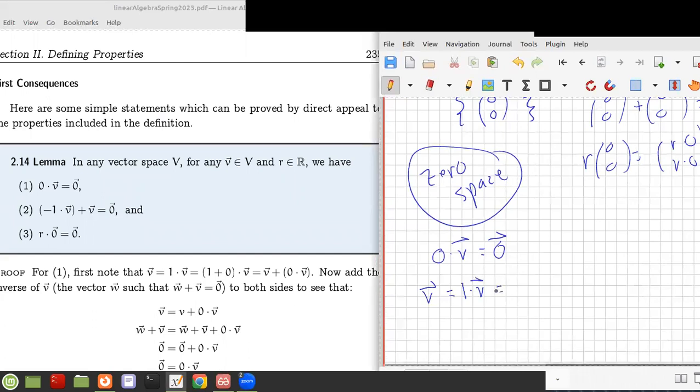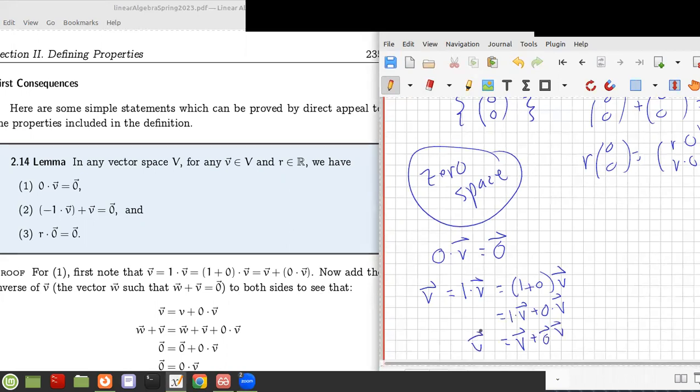But then I can say that 1 is equal to 1 plus 0, times v, right? And then I can use the distributive property to multiply v in here. This is equal to 1 times v plus 0 times v, and that 1 times v equals v.